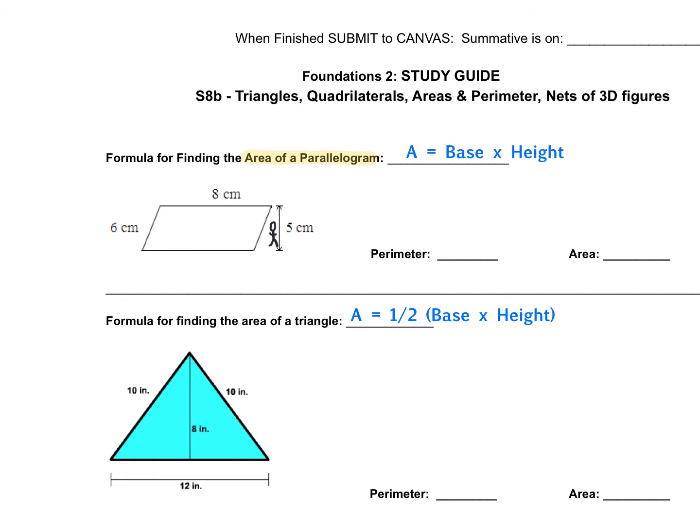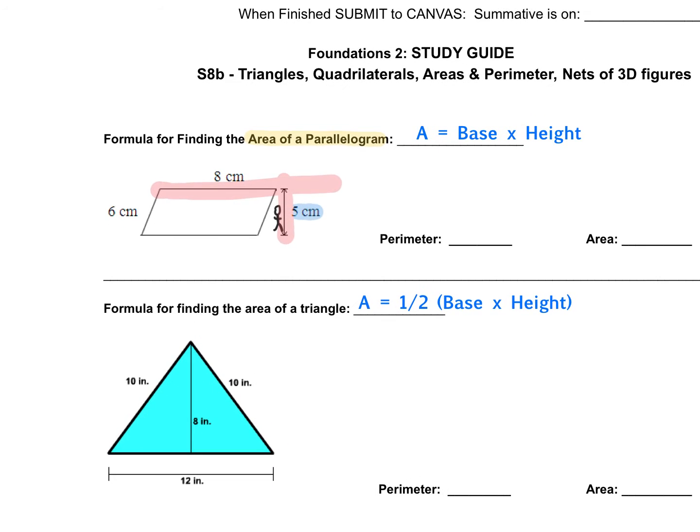Think about the little person standing up. This is how you can find the height, right? The height goes as tall as you can go. And remember, the height and the base intersect to form a right angle. So see how here, that's how you know where the base and the height are.